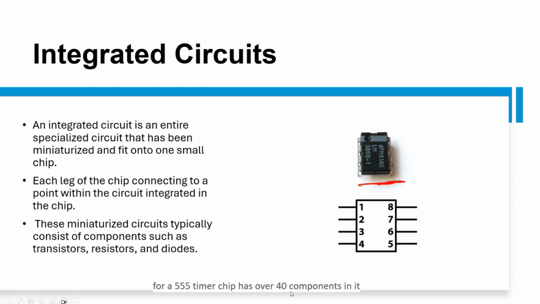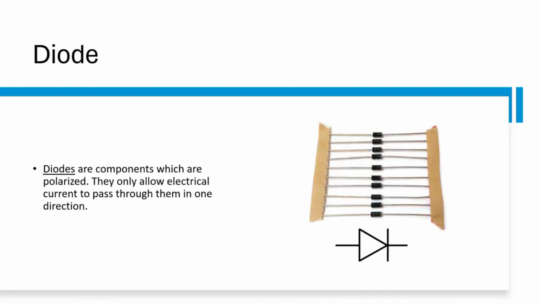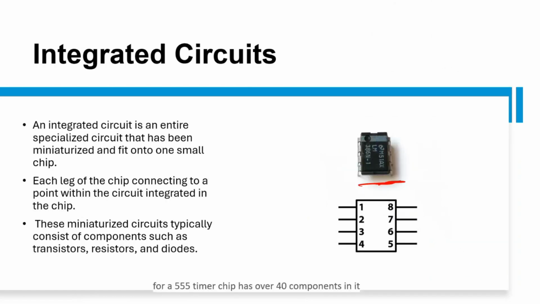It has almost 40 components inside it, components like the ones we have been seeing. The IC you have is an 8-pin IC. If you count the number of legs, you can find it has 8 pins. So this is the 555 IC that I have.